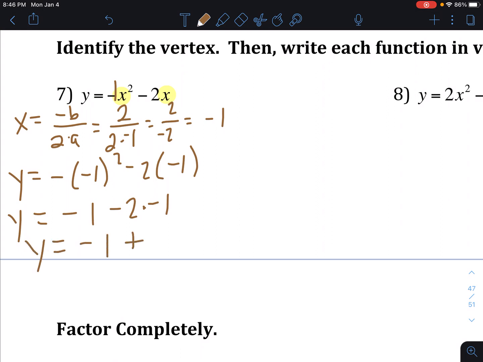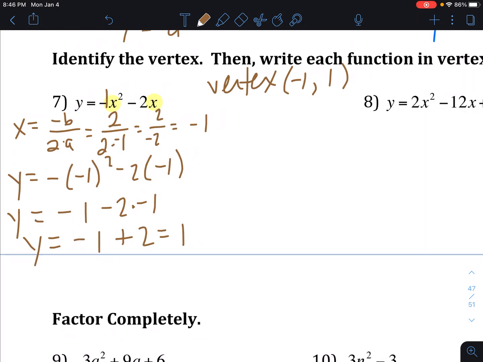Then multiply to get plus 2, and the y is 1. So where do we go from there? Remember, so we know now that the vertex is negative 1, 1. So that met the first sentence, identify the vertex.